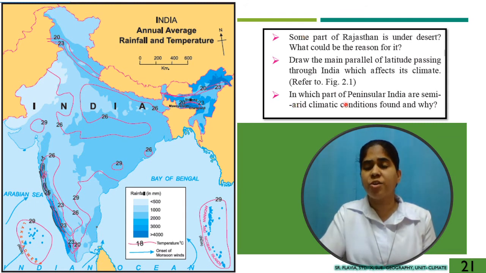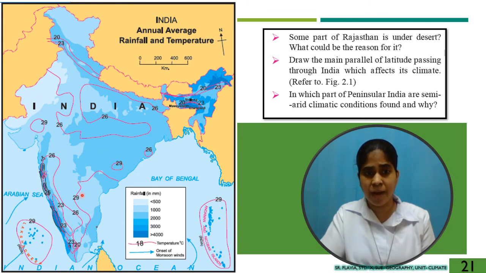In which part of peninsular India are semi-arid climatic conditions found and why? Semi-arid means semi-dry. You can look over here. This is the Maharashtra Plateau. It is semi-arid. Why? Because the Western Ghats mountains over here, Sahyadri mountains, they block the winds, and so most of the rainfall is over here, and this part remains dry.